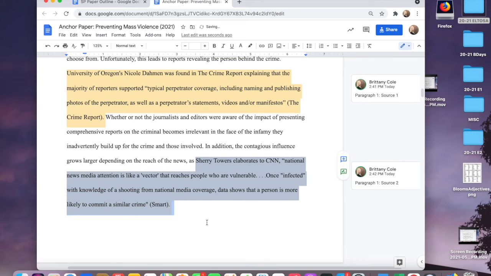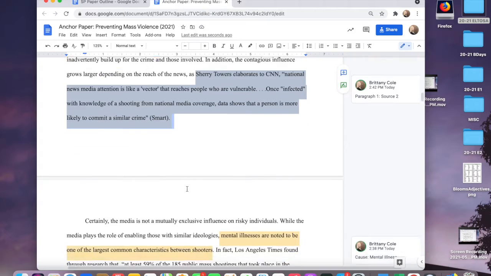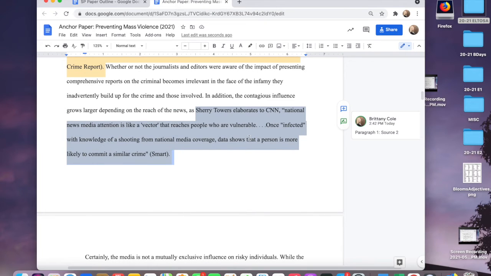All right, now let's move down to the next paragraph. If you notice that they're two different sources, the student's not using the same source. Although if it's a different part of the source, you're more than welcome to use it twice in the paragraph. But you need at least two different sources, I would suggest, in this section.